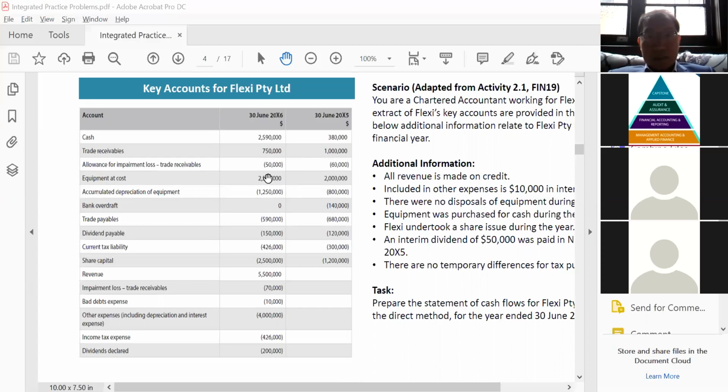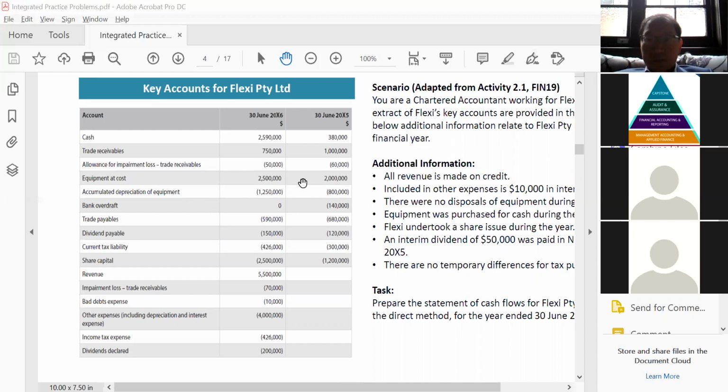You can see that 30 June X6 is the current year, and 30 June X5 is the prior year. Between the current year and the prior year, there has been an increase of 500,000.